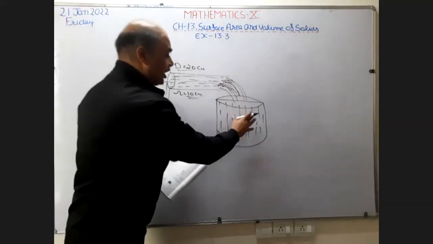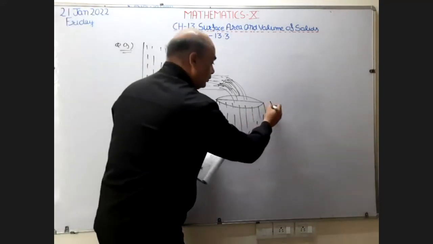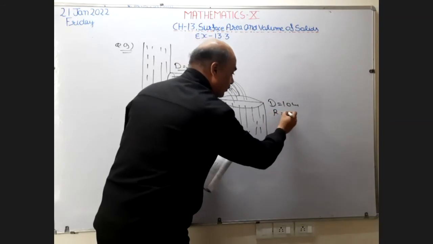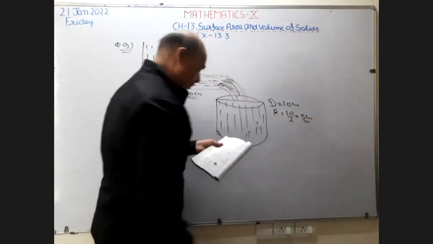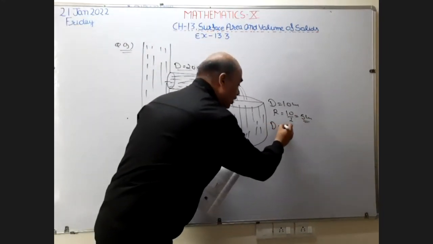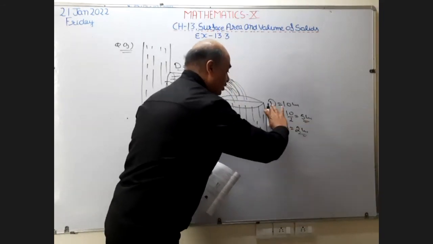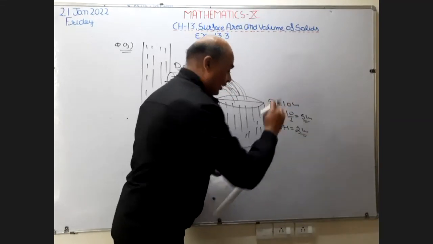The dimension of this tank is also given. The diameter of this tank is 10 meter. If the diameter is 10 meter, the radius becomes 10 upon 2 equal to 5 meter. And the depth or height of this tank is 2 meter. Radius is 5 meter and height is 2 meter.